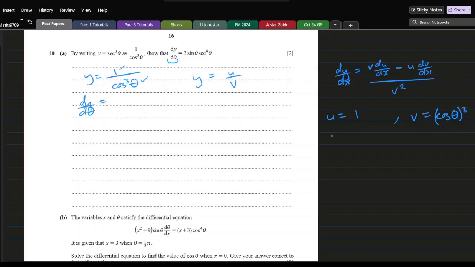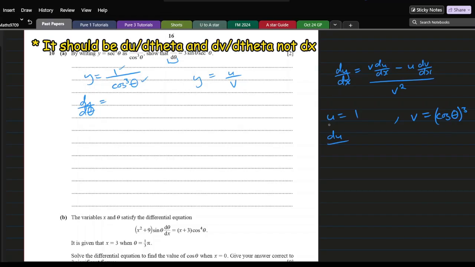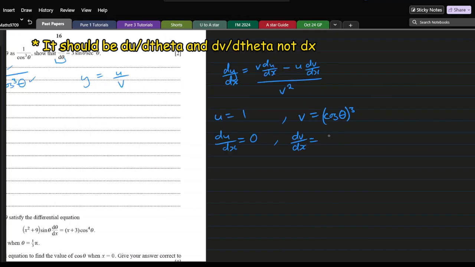Alright, so we need to find what du dx is. So if you differentiate a constant, you get a 0, and then we need to find what dv dx is. So you bring down your power, so that's 3 cos, subtract 1 from the power, so cos squared theta. Differentiate the inner function, you get a negative sine theta.